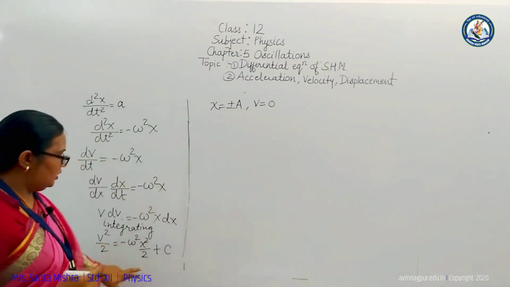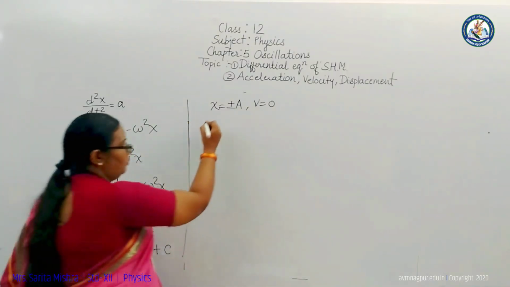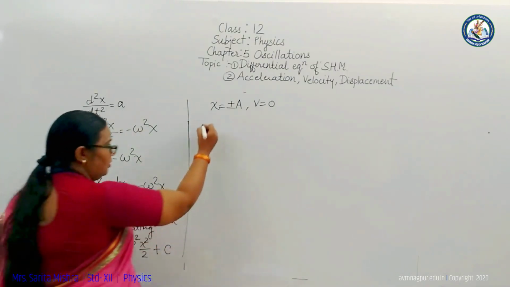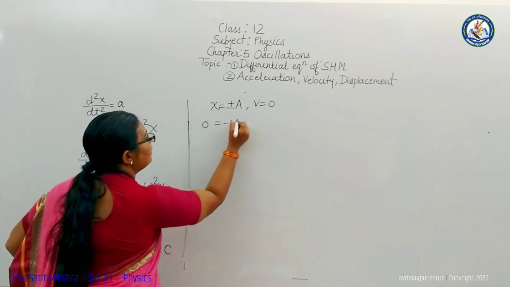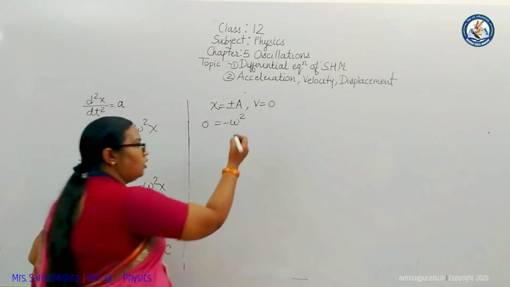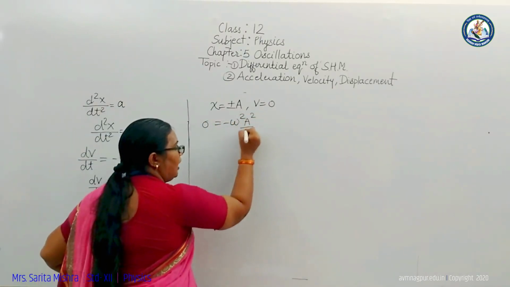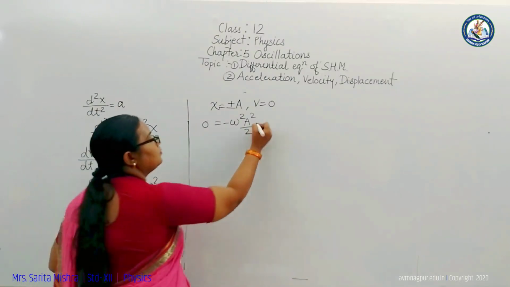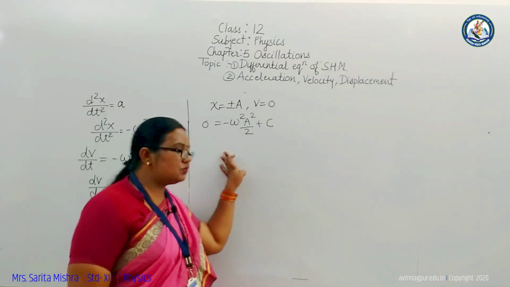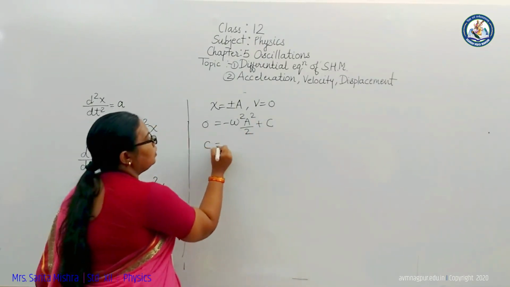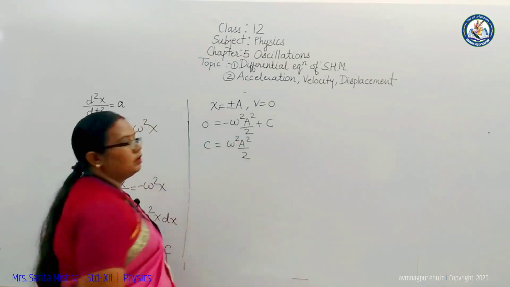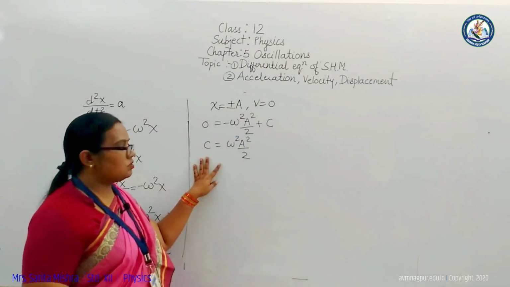Putting these values in this equation, v is 0, so we get 0 equals minus omega square, putting a in place of x, a square by 2, plus c. Now we can easily get the value of the constant of integration: c equals omega square a square by 2.